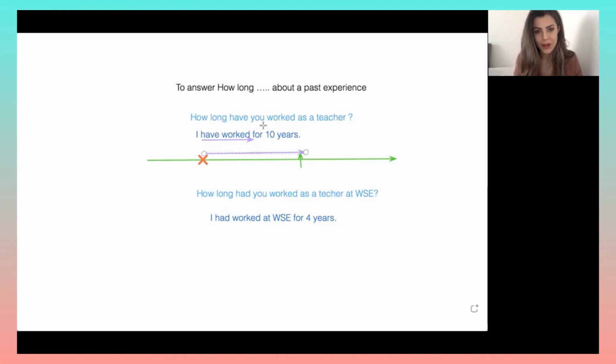and hopefully I will continue to be a teacher for a while more. As for the second sentence, it's going to be in pink. I had worked for 4 years. So actually, this is a time around here. I think it was between 2015 and 2019. So from here to here, you see?